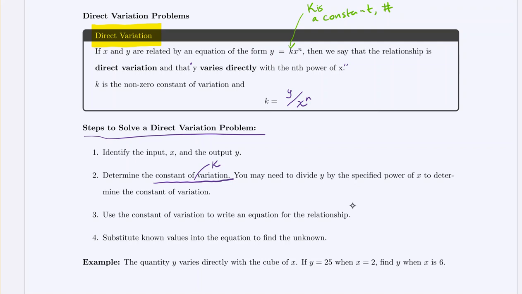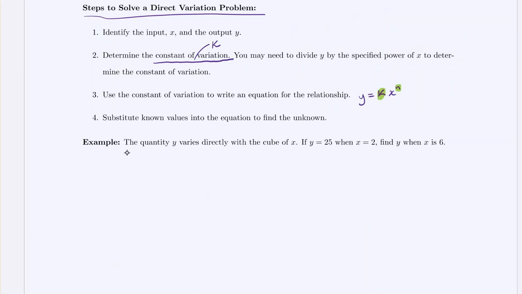Once you find k, write out the equation for this relationship, y equals k times x to the n. At this step, you'll know what k is and what n is; x and y are just variables. And then if you're asked to find the value of y for a different value of x, you would substitute those values into the equation to find the unknown.